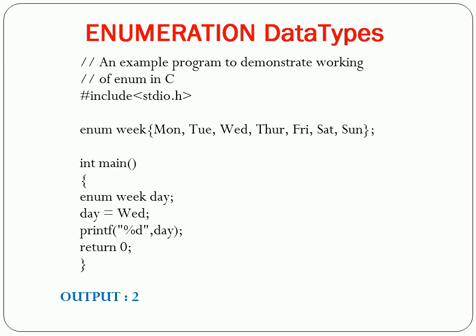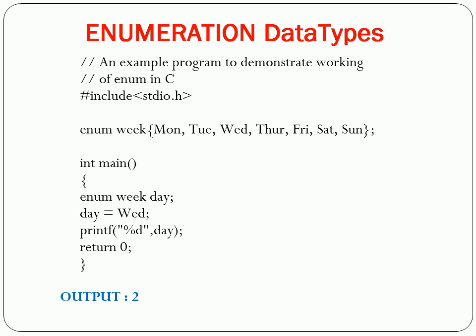Then we declare the main function, and within it the first statement we have used is enum week day. Here enum is a keyword, week is an enumerated variable, and day is an object which we have created for the enumerated variable called week.